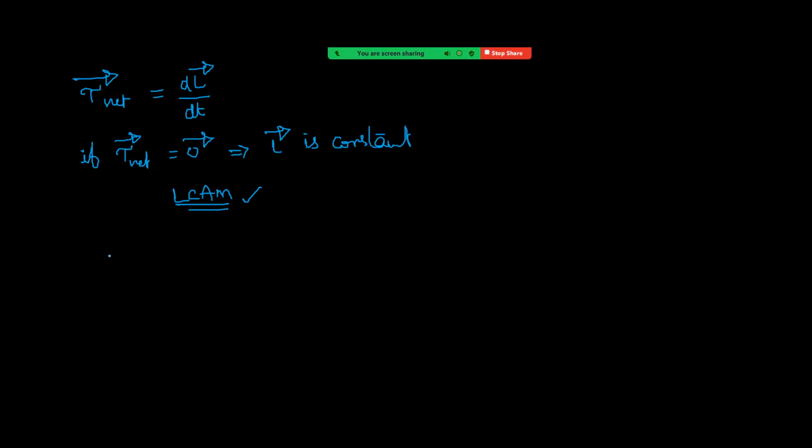For example, if the net torque is not equal to 0 but the Z component of net torque is 0, then we can say that L bar is not a constant, but the Z component of L bar is a constant.